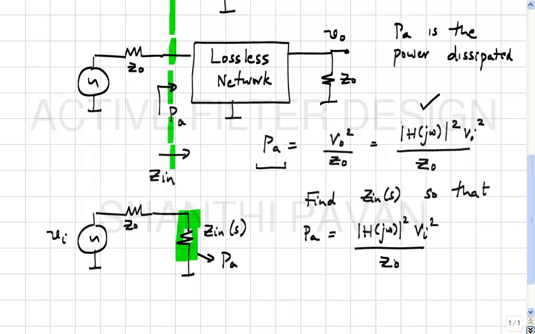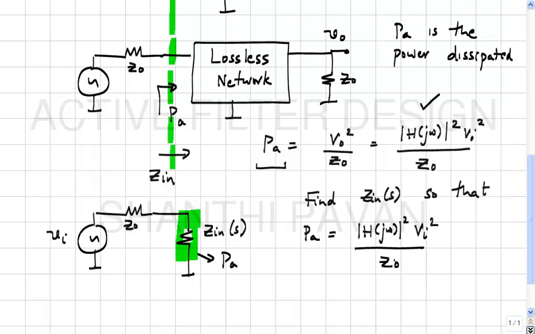Once we find Zin of S, what will we do? What do you think we should do? Let's say I somehow put up some fight and found Zin of S such that the power dissipated as a function of frequency in Zin of S follows this mod H of j omega squared times Vi squared by Z0. What will I do? All that I have to do next is to synthesize an LC ladder network which has Zin of S, and at the end, I terminate it with Z0.